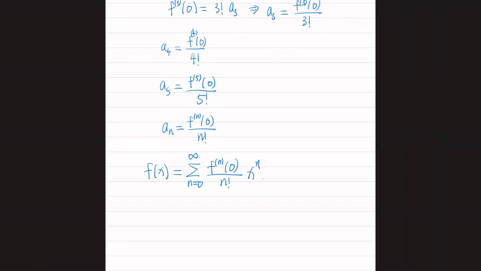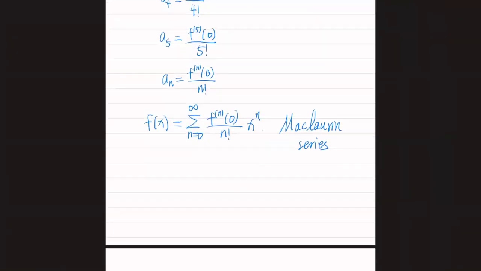And this is called the Maclaurin series. Okay, Maclaurin. Okay, so this is the power series when c is 0.